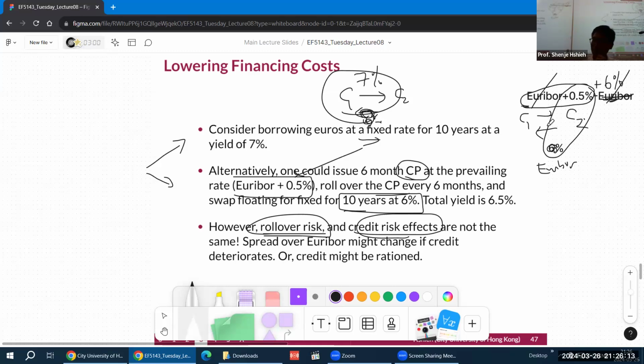So you're receiving Euribor, and that cancels out with this one because you're borrowing commercial paper. So 0.5% plus 6% is your final cost. Even though 6.5% is lower, it's a different type of risk, right? You have rollover risk exposure, but the question is whether this rollover risk is worth this 0.5% lower borrowing cost, right?